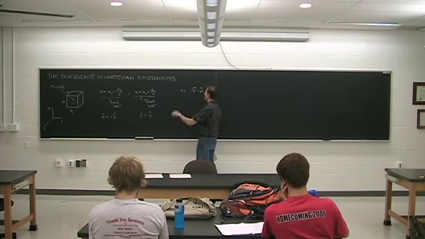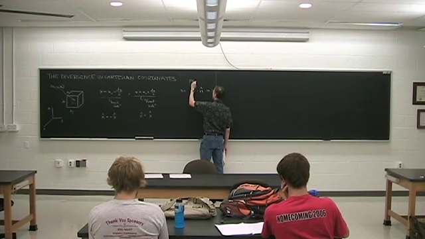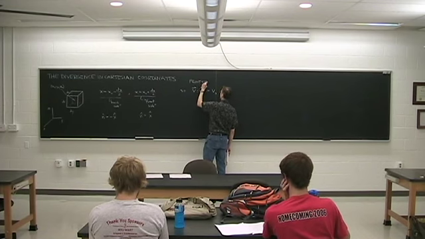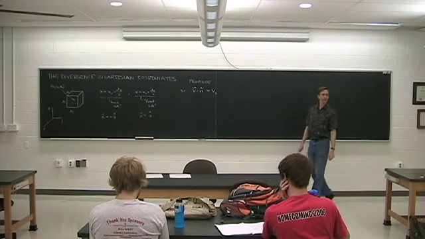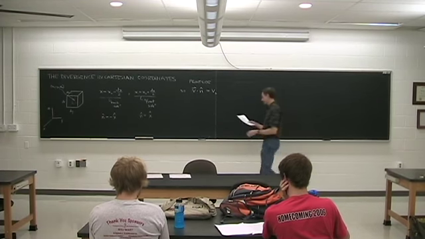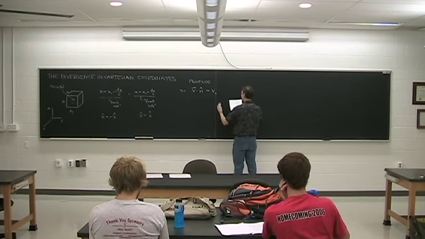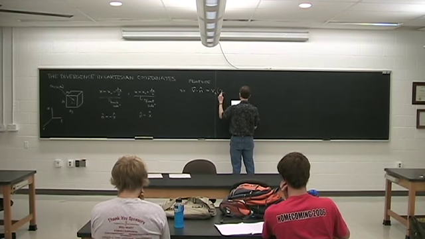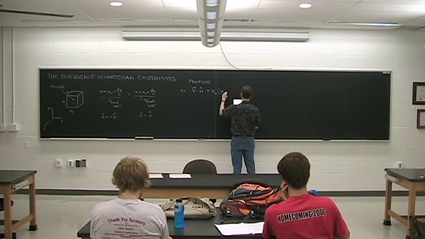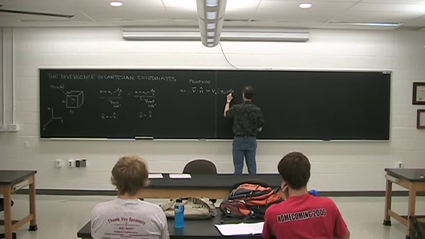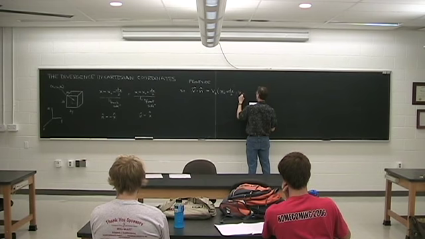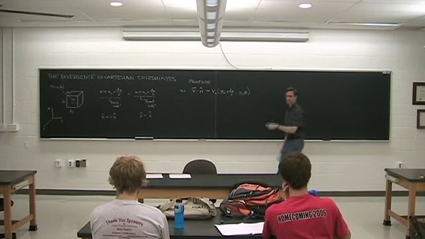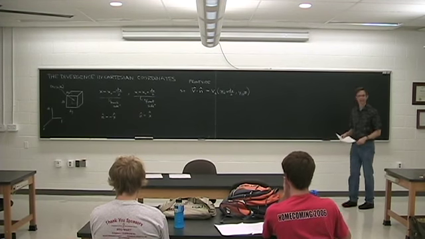For the front side of the cube, v dot n hat will be v dot x hat, so it'll just be v sub x, evaluated at x naught plus dx over 2, and y and z vary, because over the face of the cube y and z aren't necessarily constant.